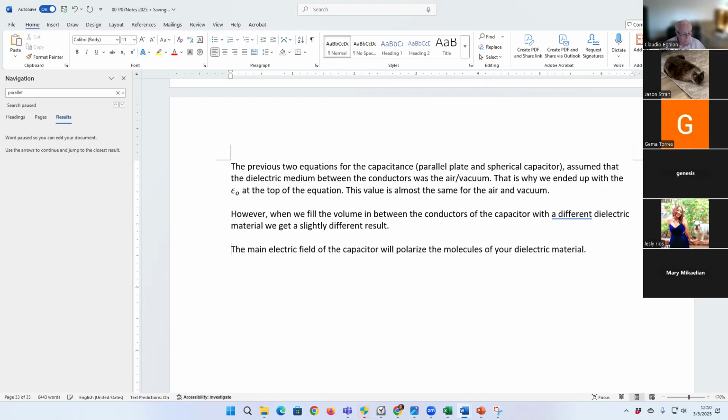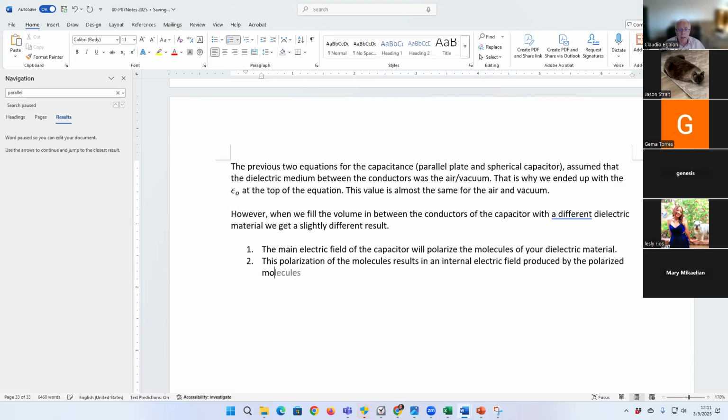Two, this polarization of the molecules results in an internal electric field produced by the polarized molecules.